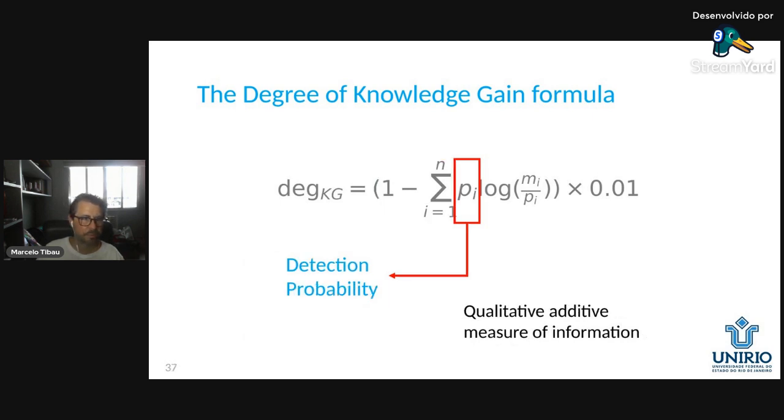The I, we already saw, is the detection probability. It represents a qualitative additive measure of information because it not only conserves ranking position but also the user decision.